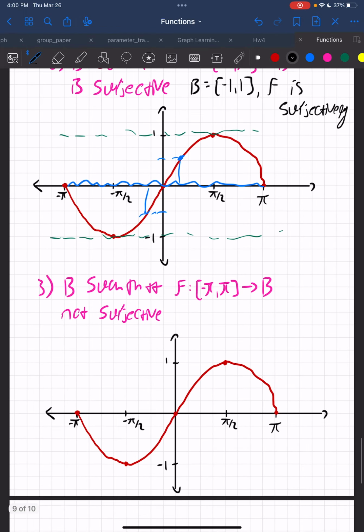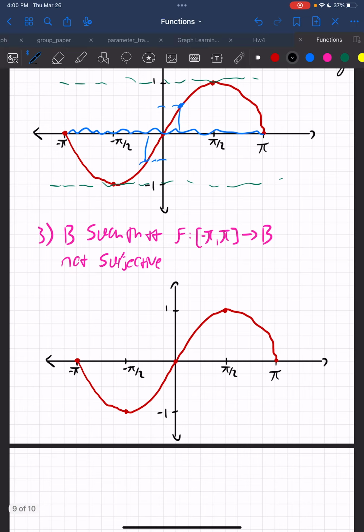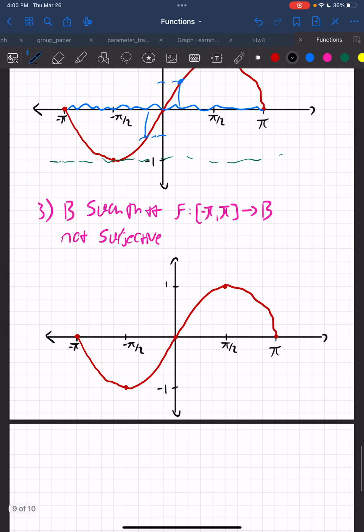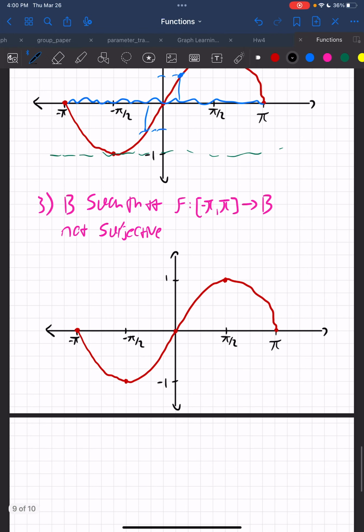Okay, can we choose B such that f from negative pi to pi to B is not surjective? Well, notice that because the minimum value of f is negative 1, the maximum value of f is 1. If I give you 1.1, then we will not be able to find any input value that's going to get sent to 1.1.